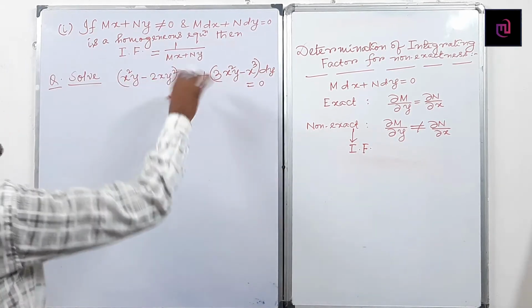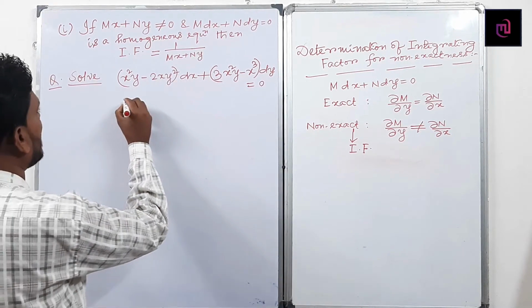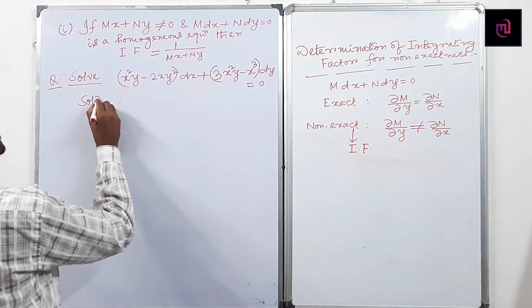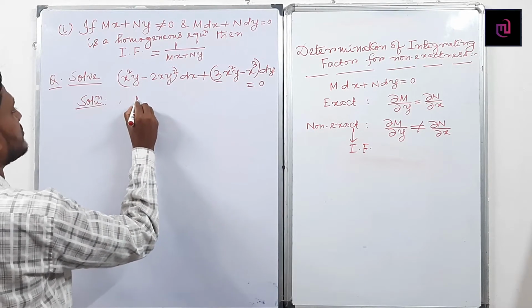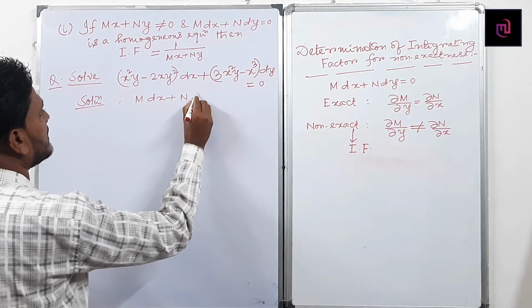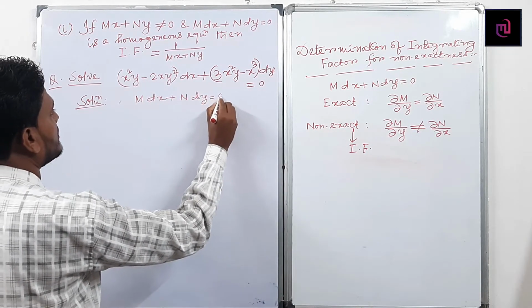Which is of the form M dx plus N dy equals to 0.